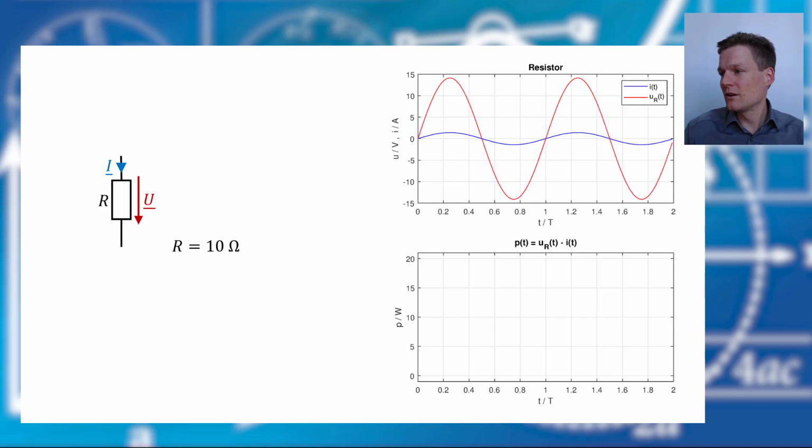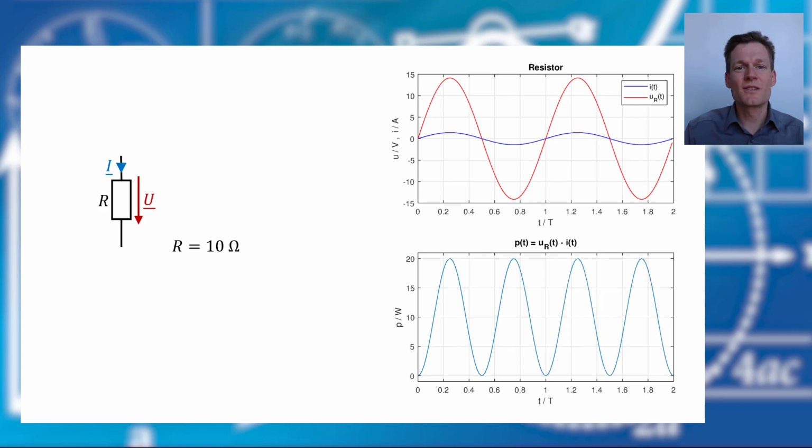And you see we have a resistor here, and therefore voltage and current are in phase. Okay, and now we want to calculate the electric power in every moment. So for every time moment we just multiply voltage and current, and the result looks like this.